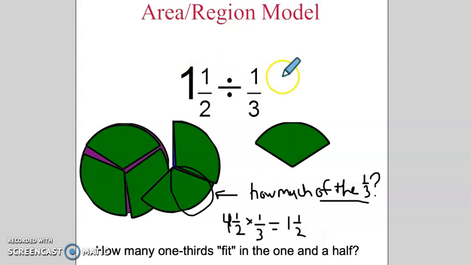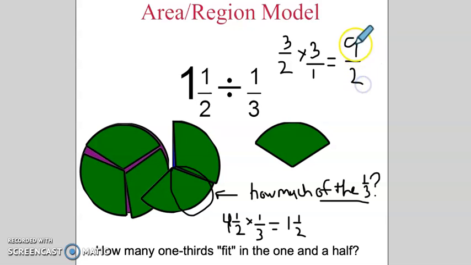Do the flip and multiply. 1.5 we can rewrite as 3/2. We're going to multiply that by, flip the 1/3, 3/1, or 3. And what's that? Multiply across, 9/2, and 9/2 is the same as 4.5. Sorry, my writing is not great here.